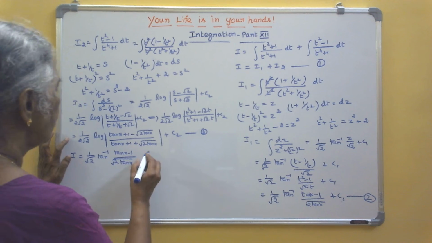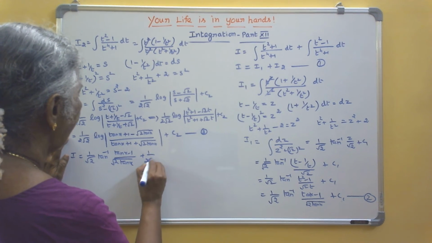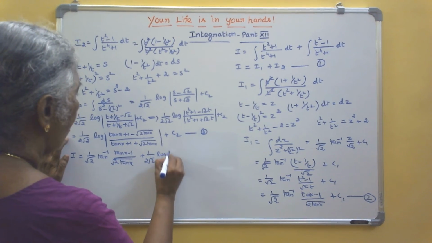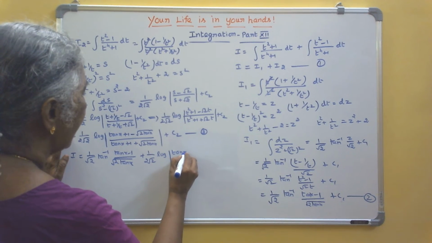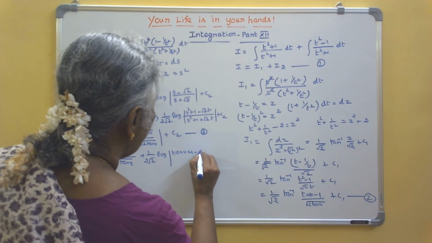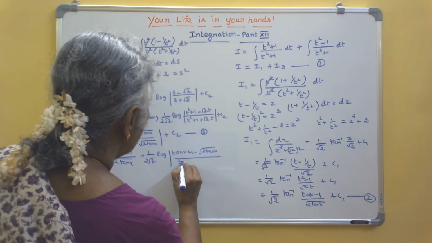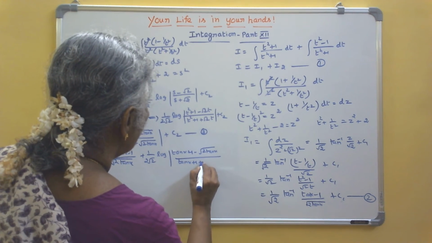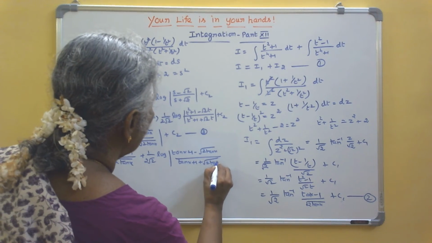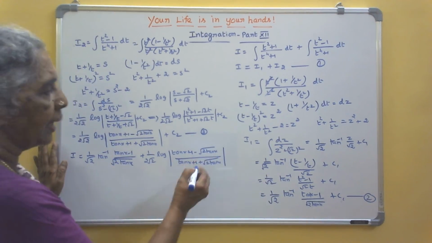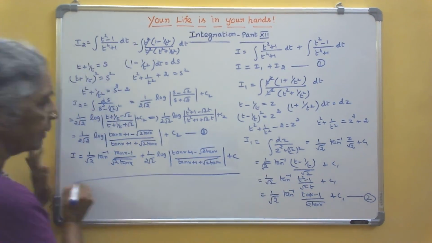Then coming to I2, you will get 1 by 2 root 2 log mod tan x plus 1 minus root 2 tan x by tan x plus 1 plus root 2 tan x. Combine that C1 and C2 and write 1 C.